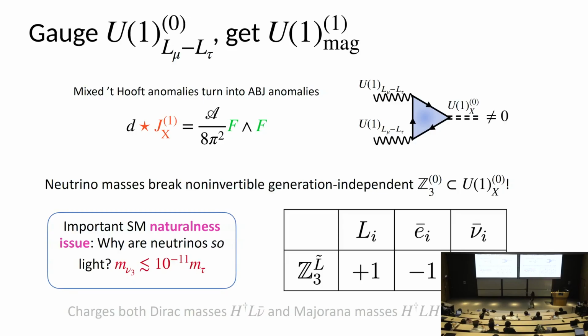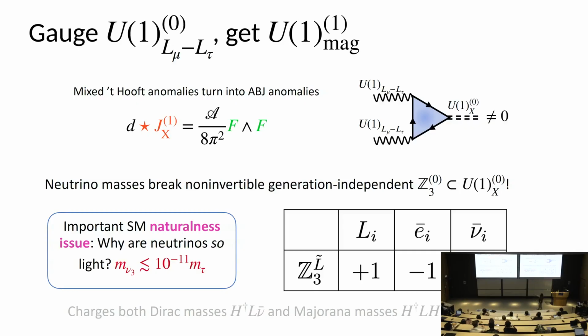And any mixed 't Hooft anomalies that L mu minus L tau had are now upgraded into ABJ anomalies, and in particular, there's a U1 that I'll call U1X, the exact identity won't matter, that has exactly this sort of ABJ anomaly, where we can again recognize the magnetic one-form current on the right-hand side. And so, this U1 in L mu minus L tau has been turned into a non-invertible symmetry.